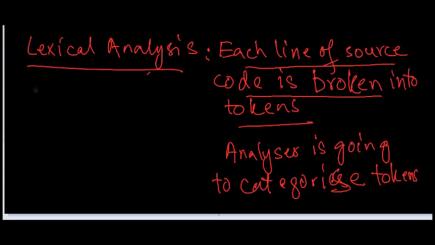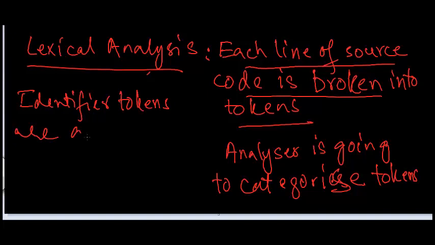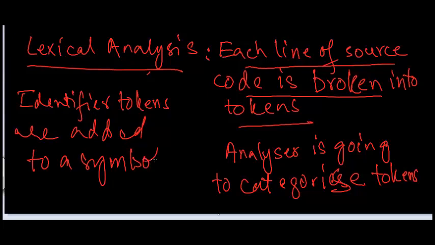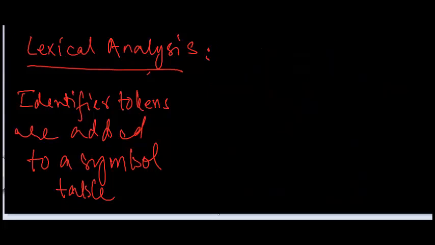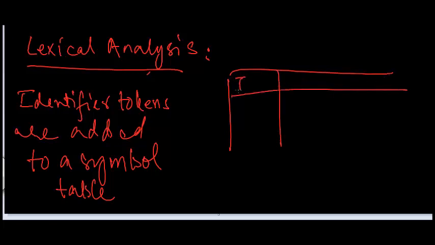Tokens that have been categorized as identifiers are added to a symbol table. Now the symbol table is what you've already studied in A1 also. The symbol table is something like an identifier table, right? This symbol table, which is going to be used by the compiler, is going to store the identifier.